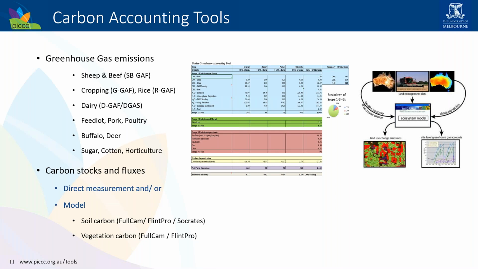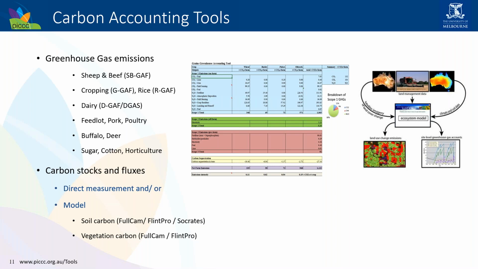It is then able to forward predict how much vegetation or soil carbon will increase or decrease over time, depending on certain actions being taken. Because that is consistent with the greenhouse gas inventory, it is the method that can be used to assess changes in vegetation and soil on farm.